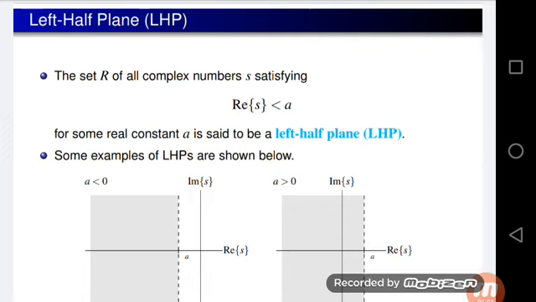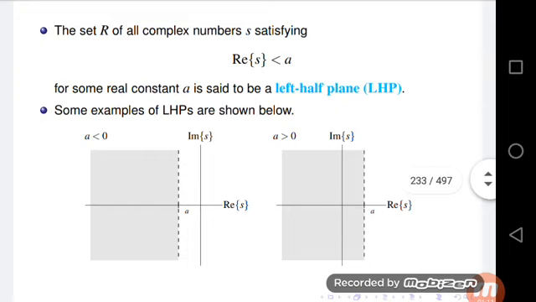Why is it called the left hand plane? Because the occupying region mostly forms on the left side, so that's why it is called the left hand plane.